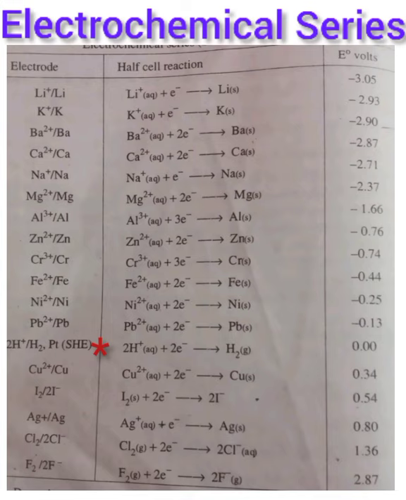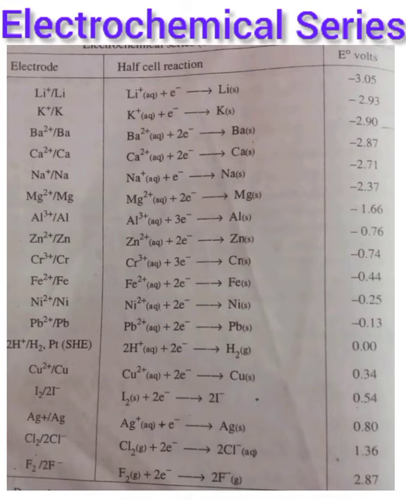Metals lying above the hydrogen in the series are more readily oxidized and they are capable of displacing hydrogen from acids. Also, a more active metal that is lying above displaces a less reactive metal that is lying below from its salt solution.